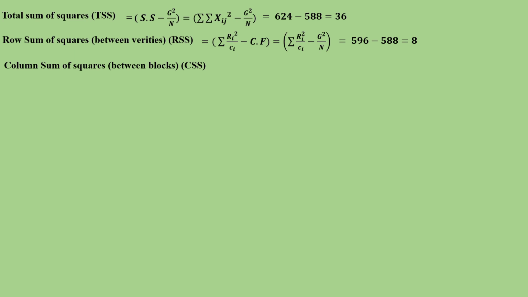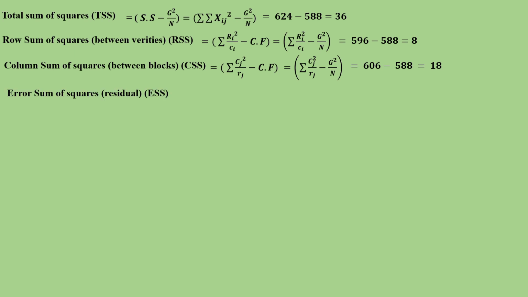Then column sum of squares, so blocks CSS, summation Cj square by Rj minus CF, 606 minus 588, that is equal to 18. Then error sum of squares or residual sum of squares, TSS minus CSS plus RSS. So 36 minus 18 plus 8, that is equal to 10.